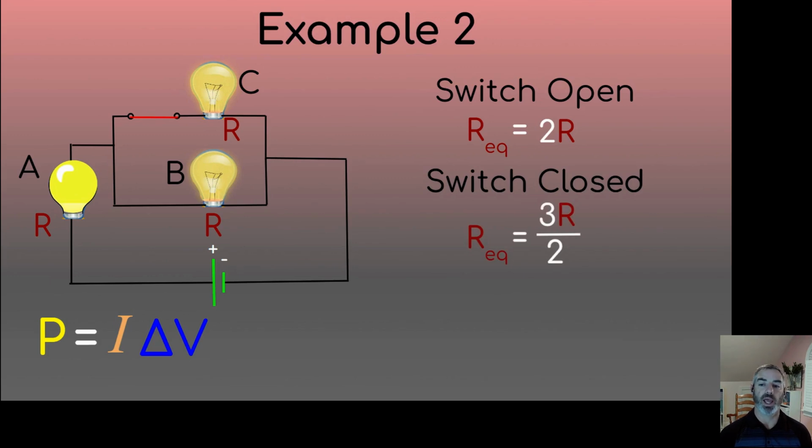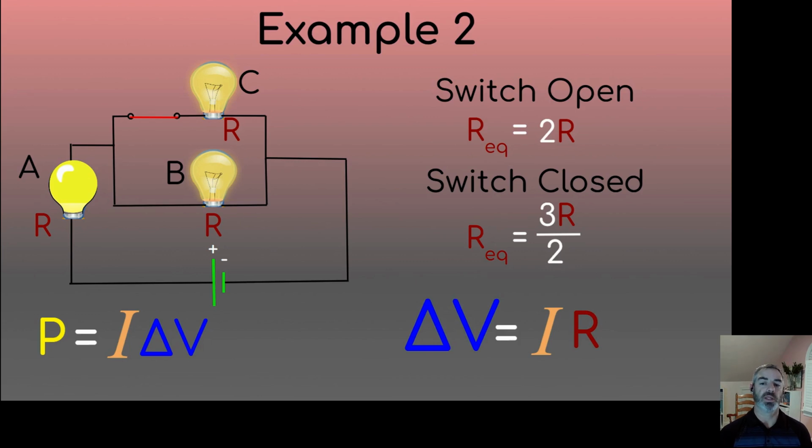So if we look at Ohm's law, if the equivalent resistance decreases, then we know that the current is going to increase. And in our power equation, if current increases, that means brightness increases. But we can also address the potential difference. So if the current increases for an individual resistor with the same value, that means the potential drop is going to increase.